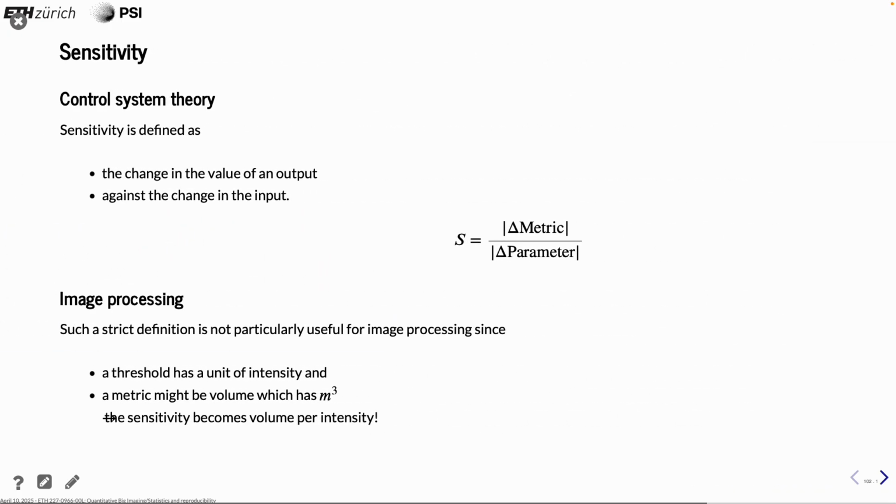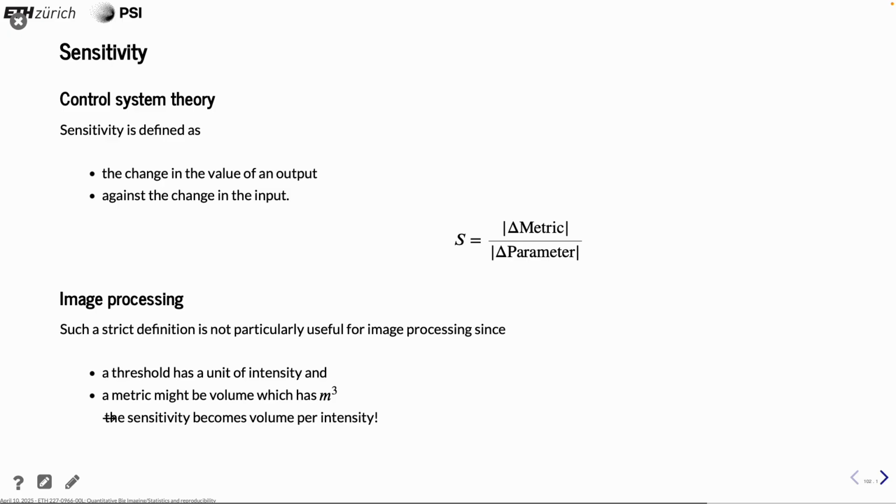Sensitivity is also, again, a metric that we need to measure somehow, and it's not easy to really put a value on it. In control system theory, you usually have voltage in, voltage out, or something like that. Then it's easy to set the parameter. So in principle, it's the change in metric divided by the change in parameter.